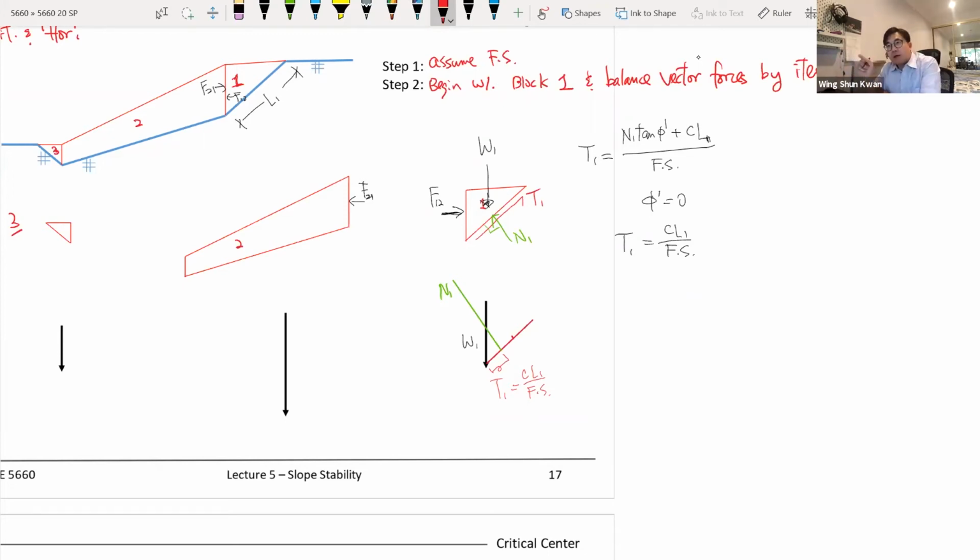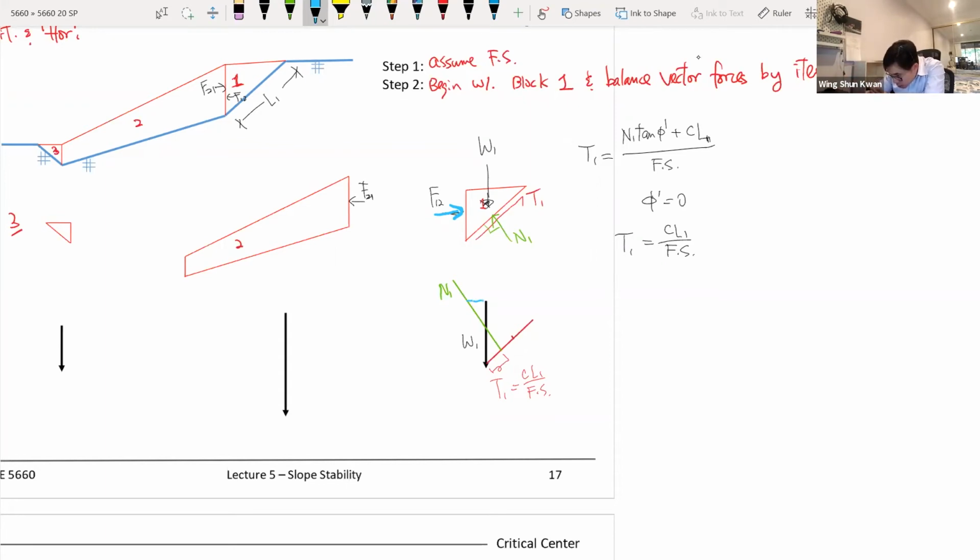And in order for this to be in equilibrium, at the end of the day, it must be a closed loop. You must go back to where you start. So this is your F12, right? F12, we assume, is in the horizontal direction. It's a horizontal internal force because that's the way we draw our wedge or block.